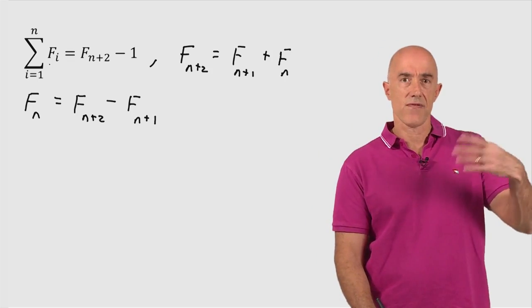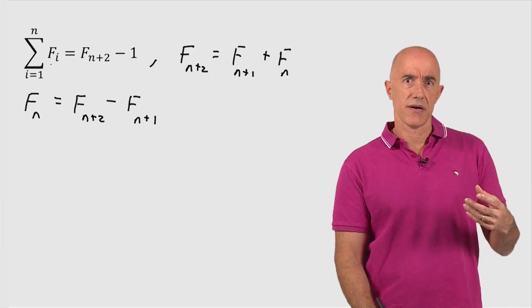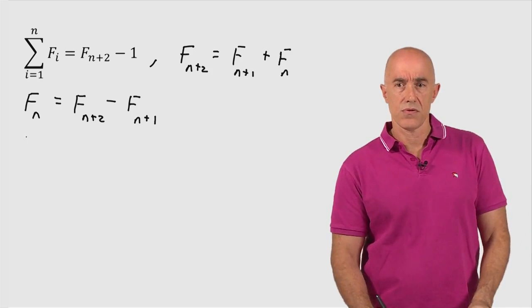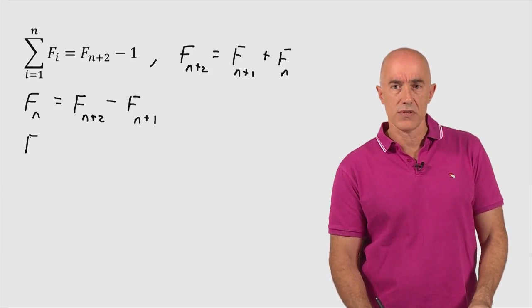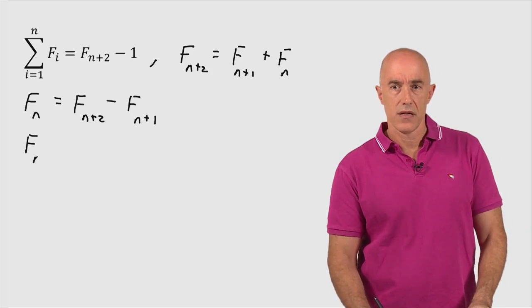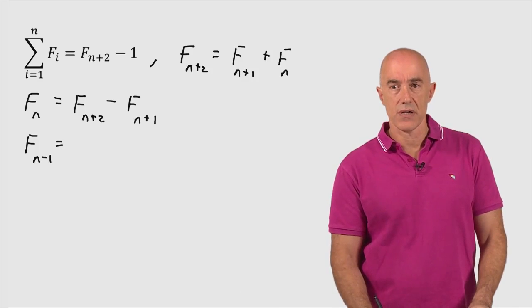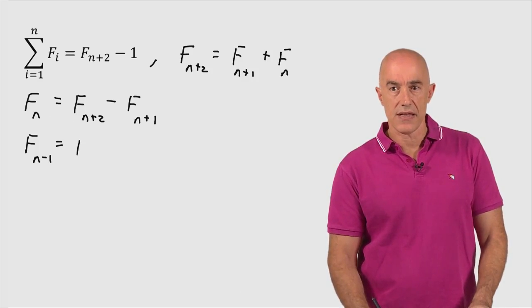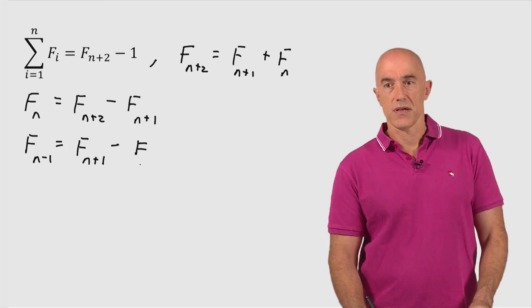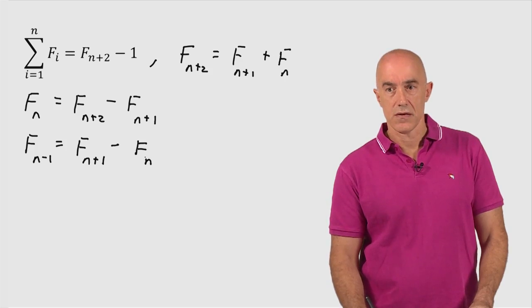But we need to have all the f's in the sum, so we need to go back 1, so we can reduce the index by 1. So we write f sub n minus 1. This is 2 more than n minus 1, so this should be f sub n plus 1, minus, this is just 1 more, so this should be f sub n, right?